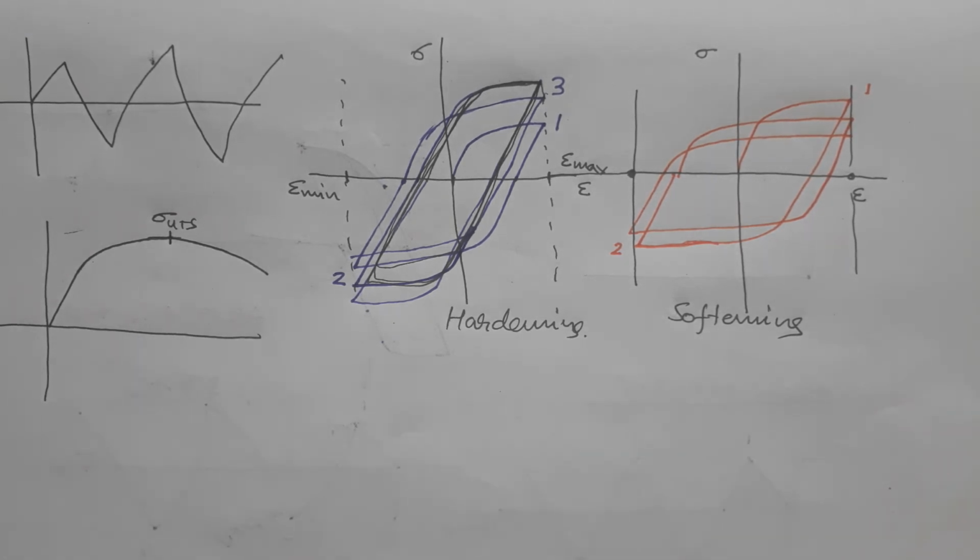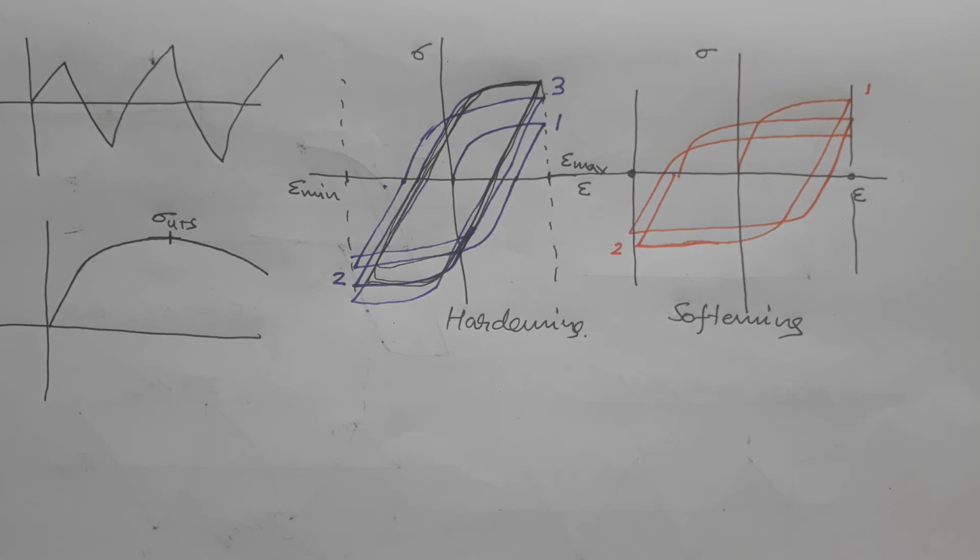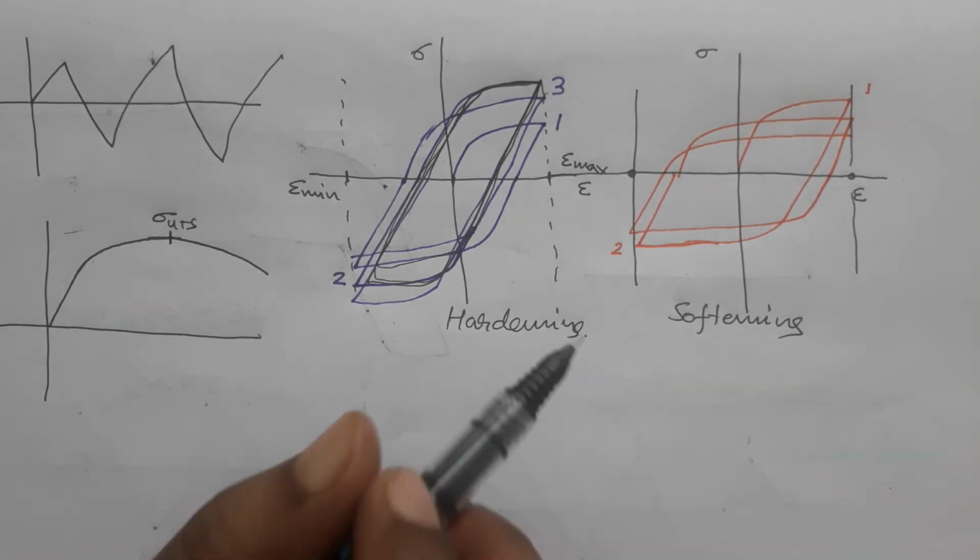So of course a metal cannot keep on softening and become something like a molten plastic or a molten glass. So it can only get softened to a certain limit, and after that it is not going to soften further, right? So that's where the material gets saturated, and then beyond that there is no further softening or hardening.